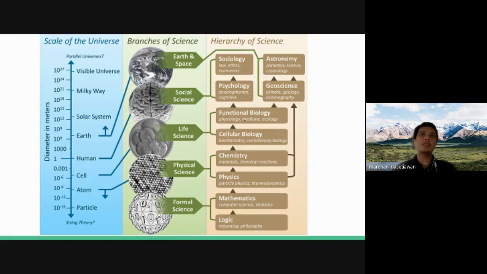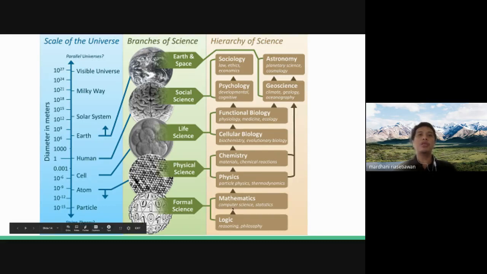Not only did we previously understand computer science as a different branch, but here we have formal science, physical science, life science, social science, and earth and space. Then we have several specific branches or a hierarchy of science.